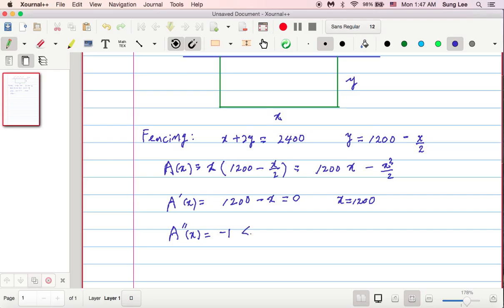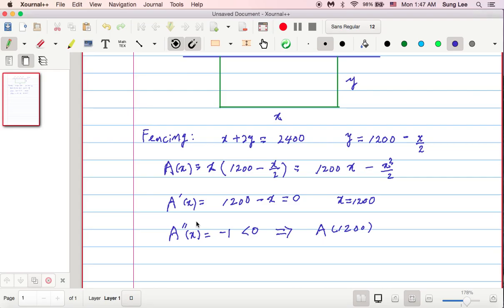So this is always negative, regardless of what x value, always -1, which means that a of 1200... that means the graph of a of x is always concave down.